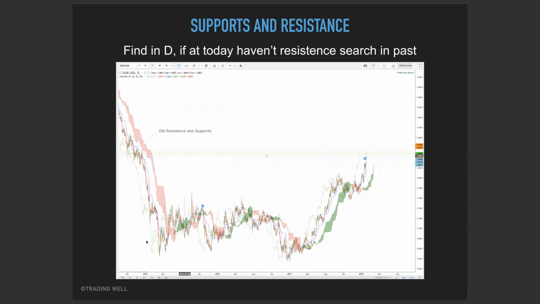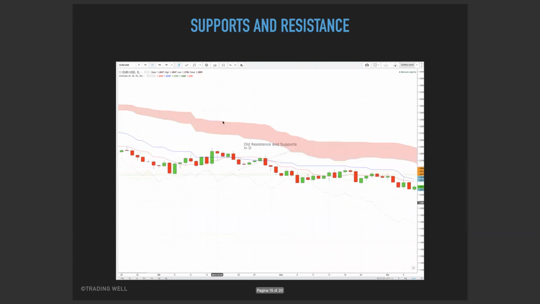Here we have in 2015, October, about, like here. Okay, this is a hold resistance and support. Sorry, not 2015, but 2014. Support here, price line, support is here, and resistance is here.